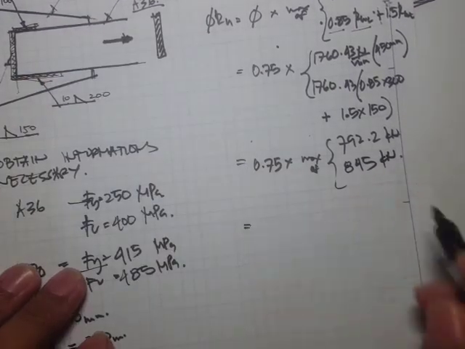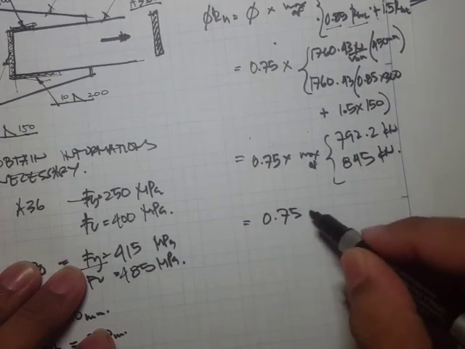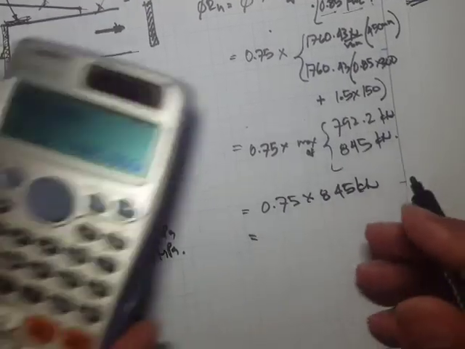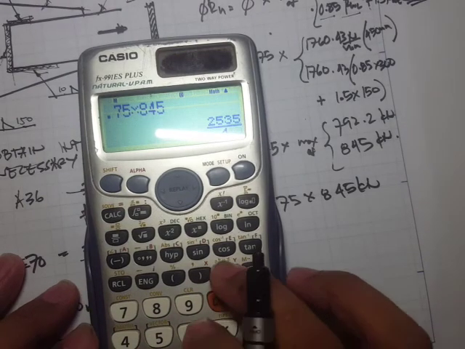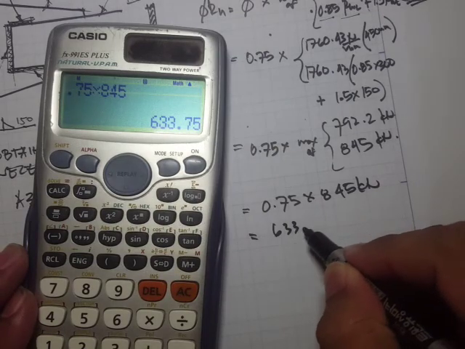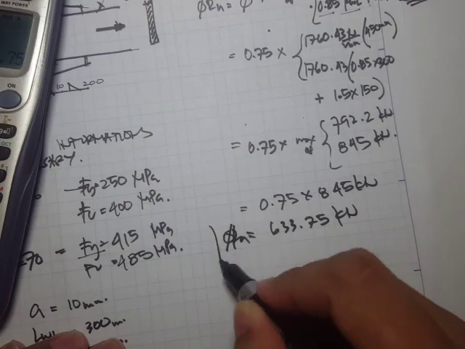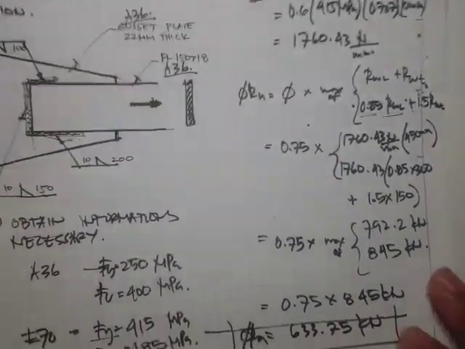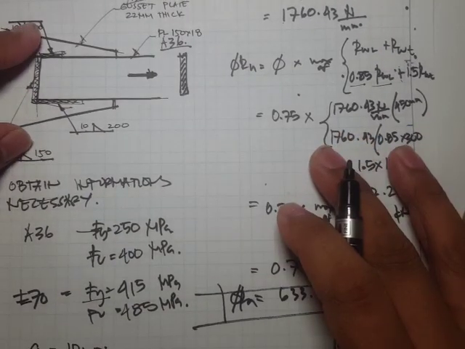Therefore, you can write it as 0.75 times 845 kilonewtons, and that's 633.025 kilonewtons. Okay, I guess I don't have much time now. We'll continue this sample problem in the next video.